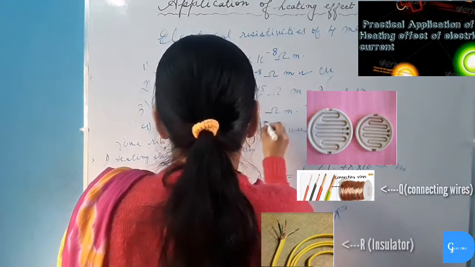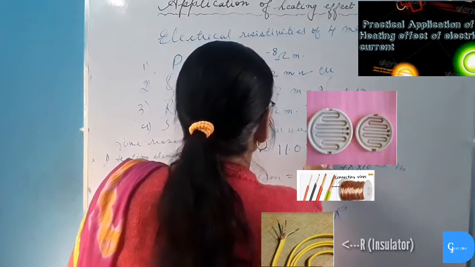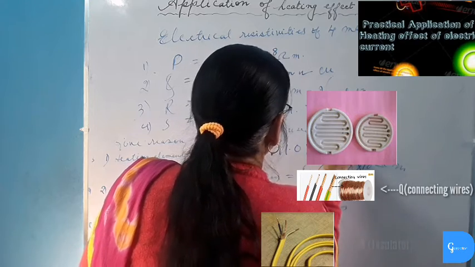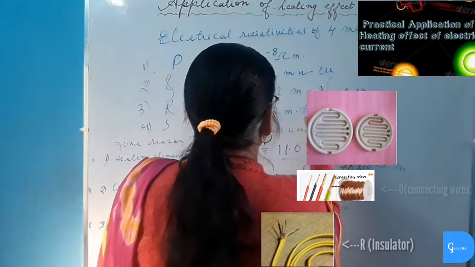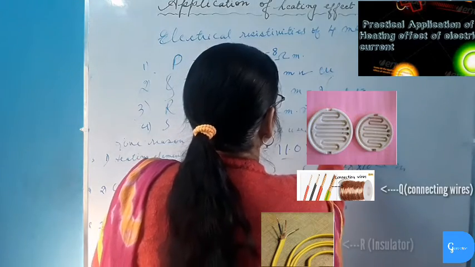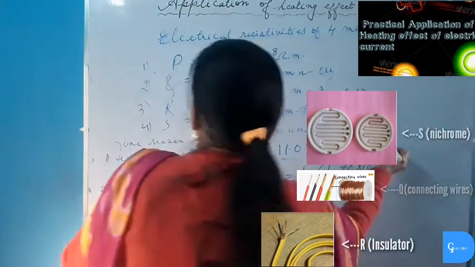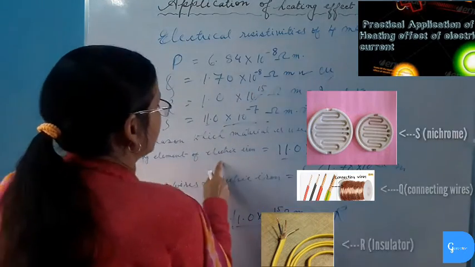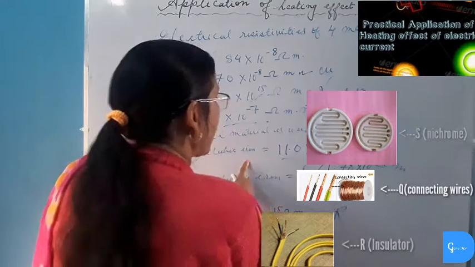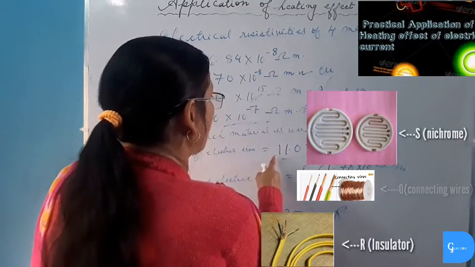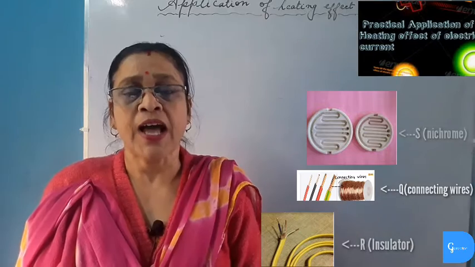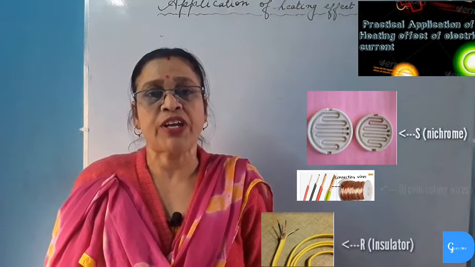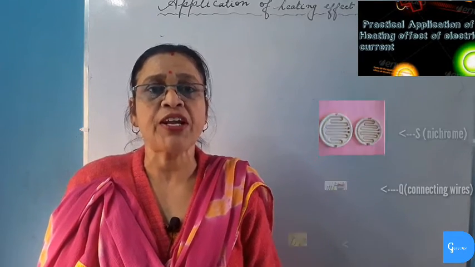So 11.0 into 10 to the power minus 7 ohm meter must be the nichrome. S will be the answer. So the heating element of an electric iron will be S, as it has a resistivity between pure metal copper and plastic or insulators.